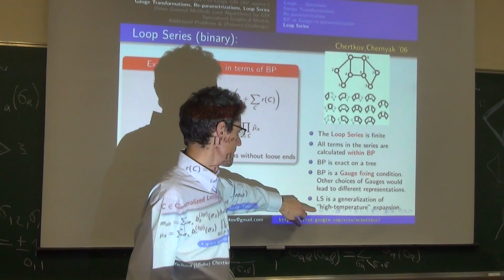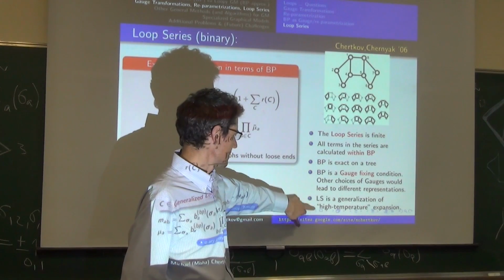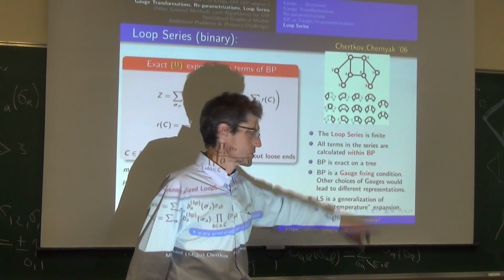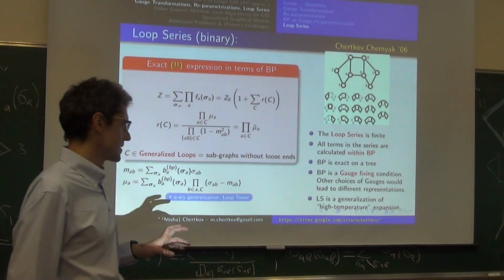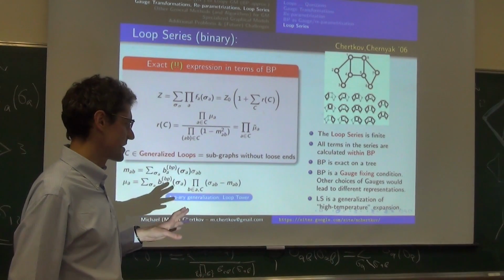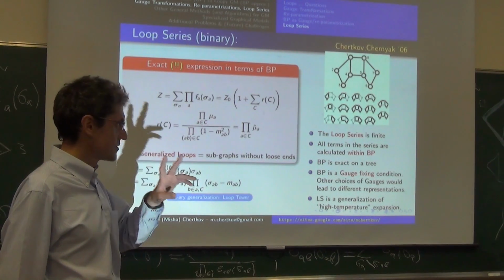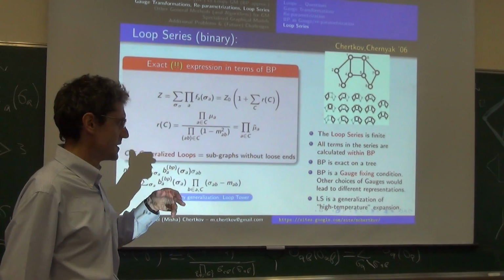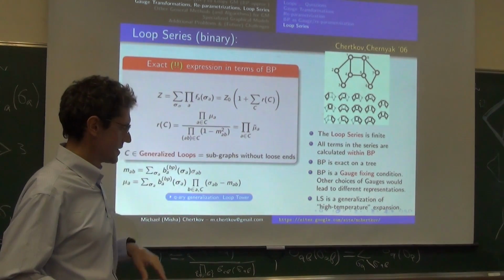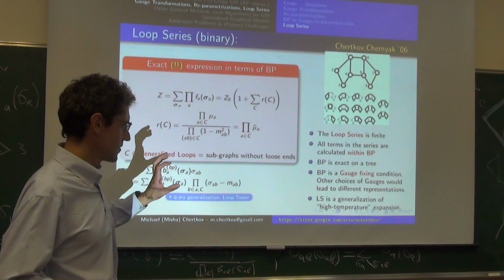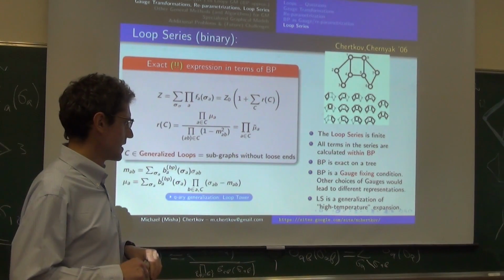gauges to be BP. Yeah, so another remark, and this remark is for those who know what high temperature expansion is. So there is a certain expansion in physics, for a very special type of model, the Ising model without magnetic field, which is called high temperature expansion. It's actually an expansion around this so-called paramagnetic solution, where the expectation of all spin variables is equal to 0.